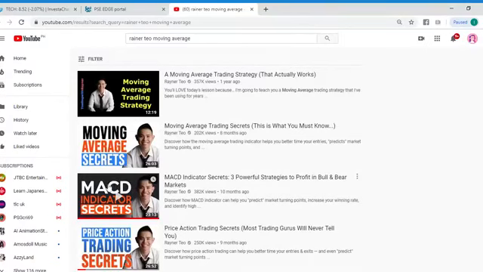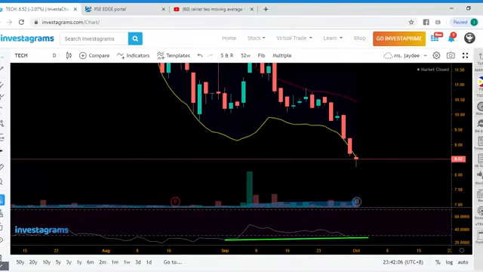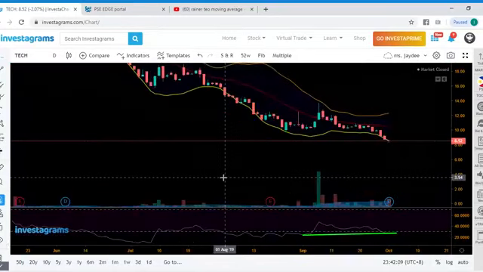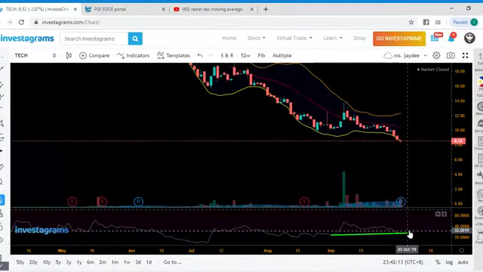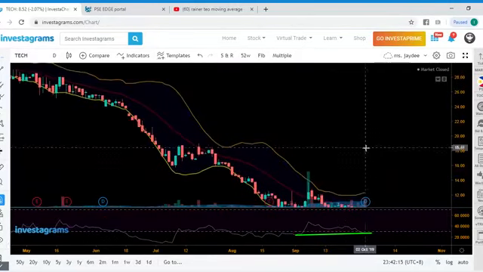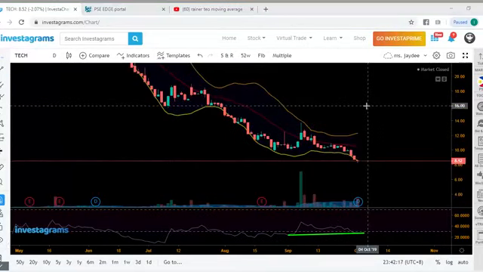So I'd like you to check out his moving average trading secrets, because this will explain the different strategies if you want to use moving average as your main indicator. But for this one, I'm already used to my Bollinger Band and RSI, and it works for me, so I'll use it.